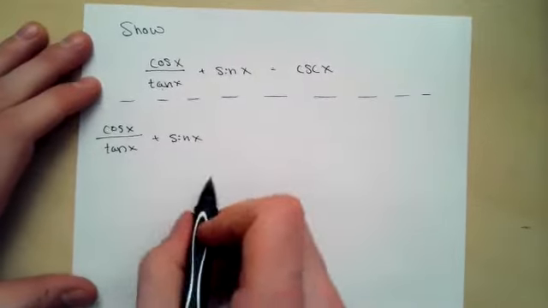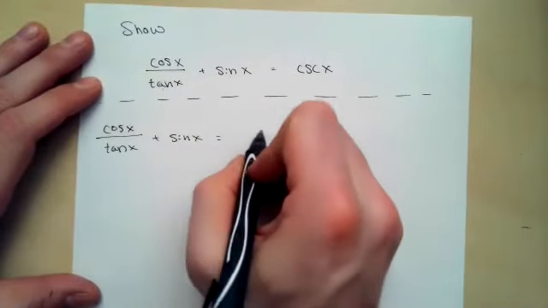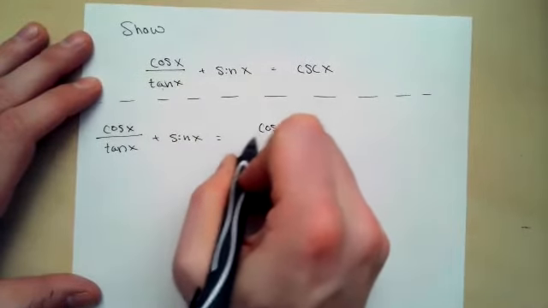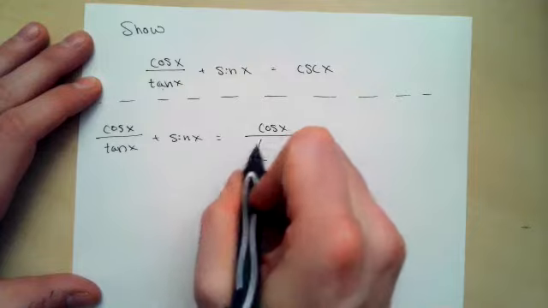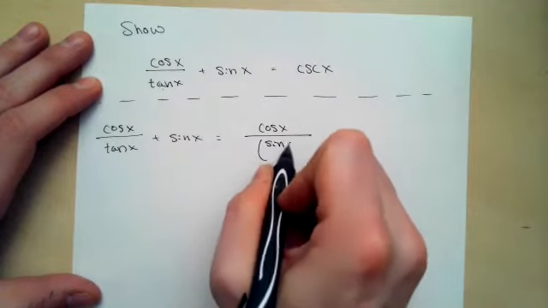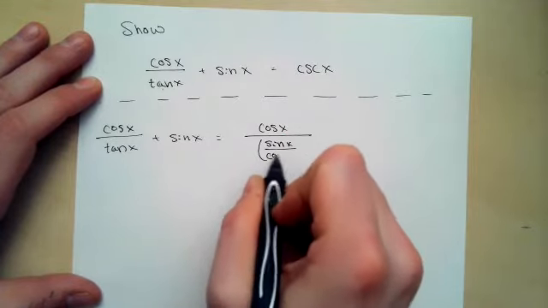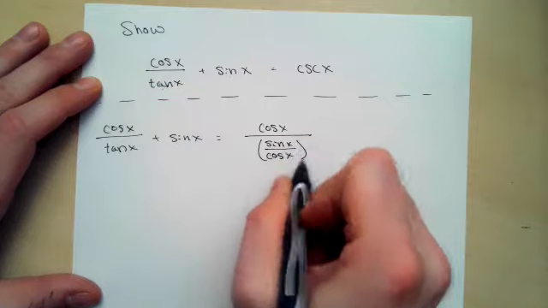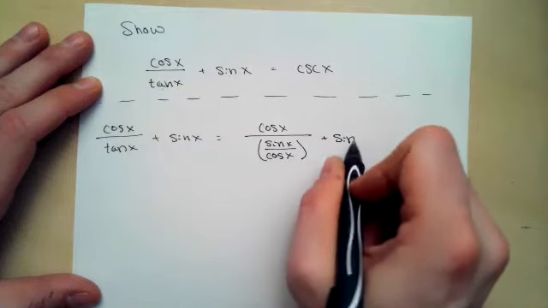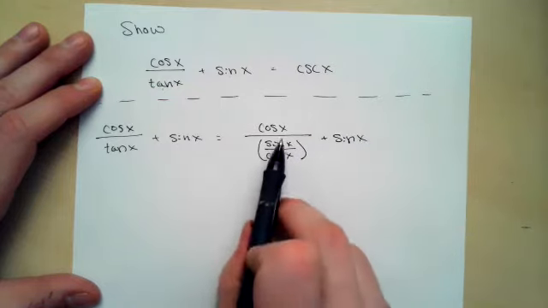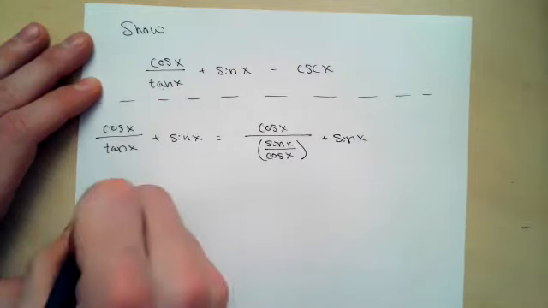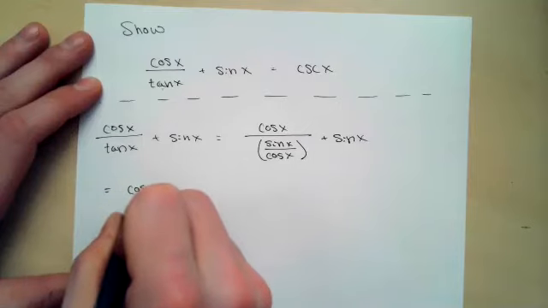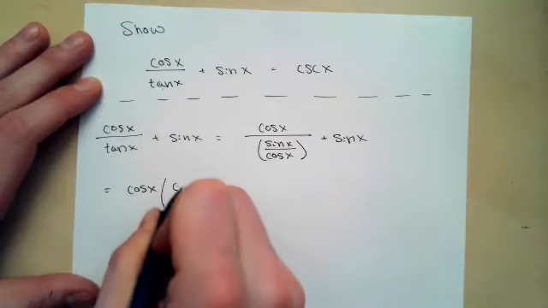So let's go ahead and convert that tangent. And now we are dividing by a fraction, so it's the same as multiplying by the reciprocal.